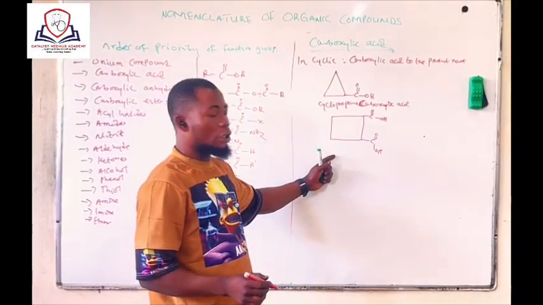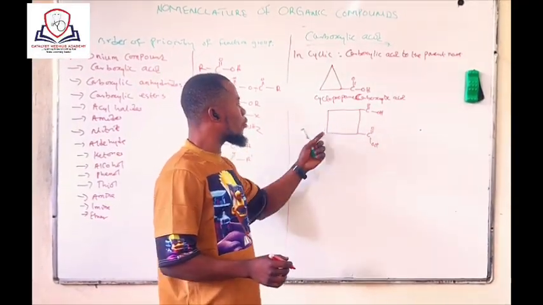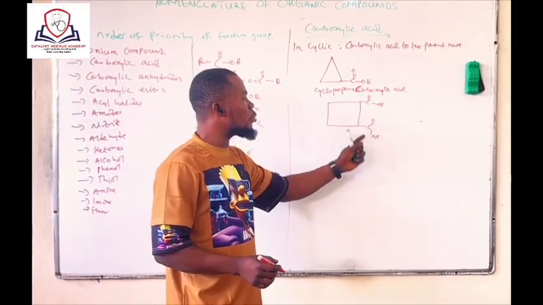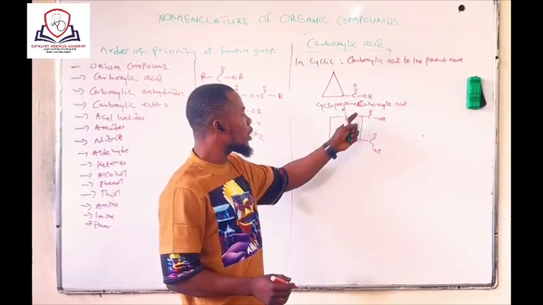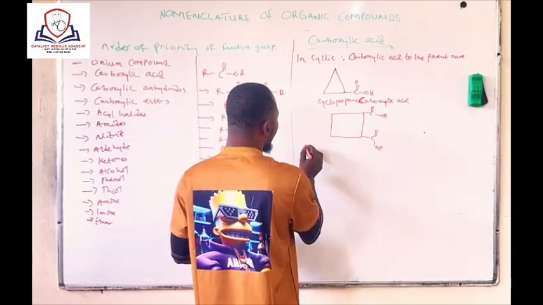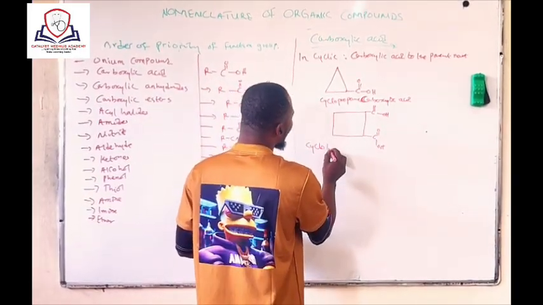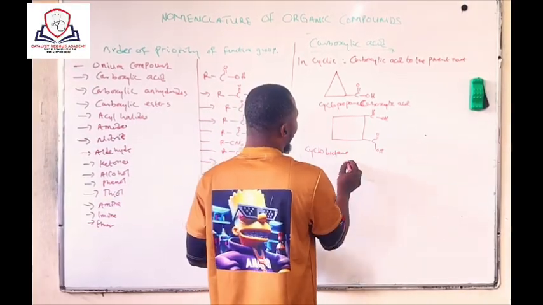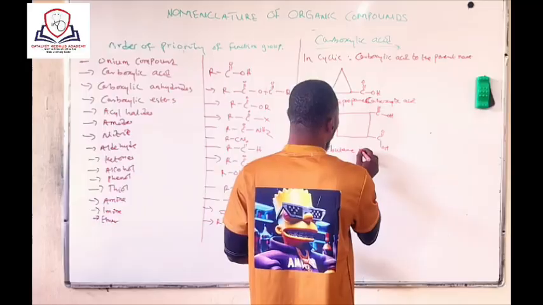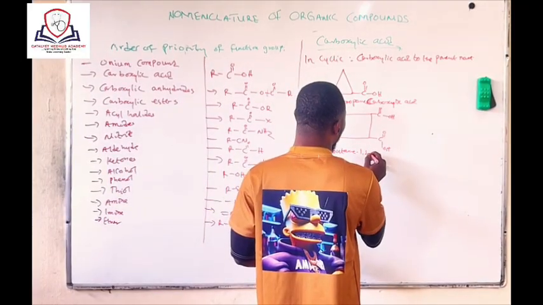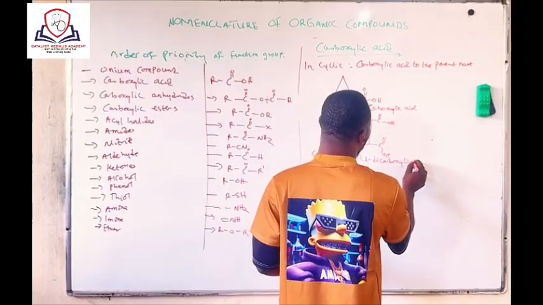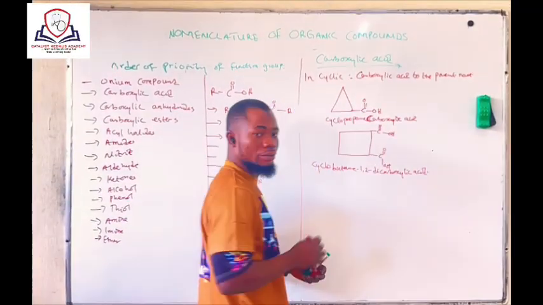You can also have something like this. Carbon number 1, 2, 3, 4 is supposed to be cyclobutane. But since there are carboxylic functional groups there, and it occurs in the cyclic form, you add carboxylic acid to it: cyclobutane-1,2-dicarboxylic acid.